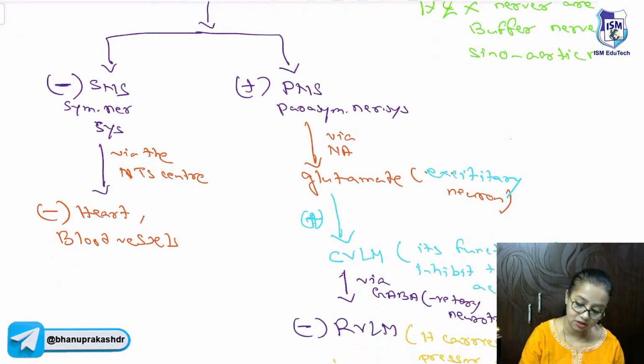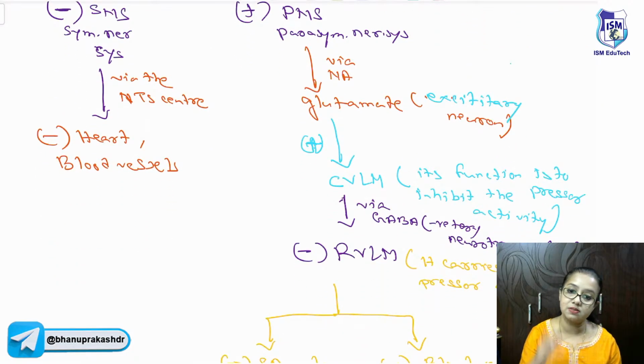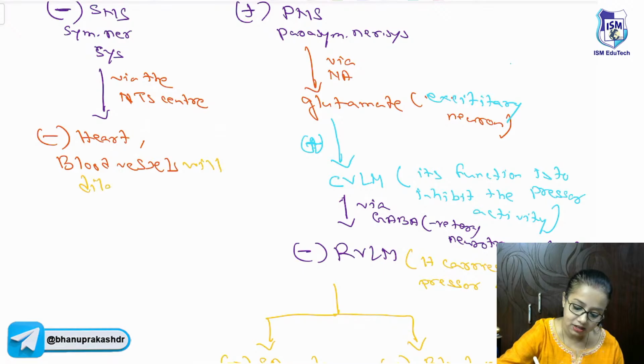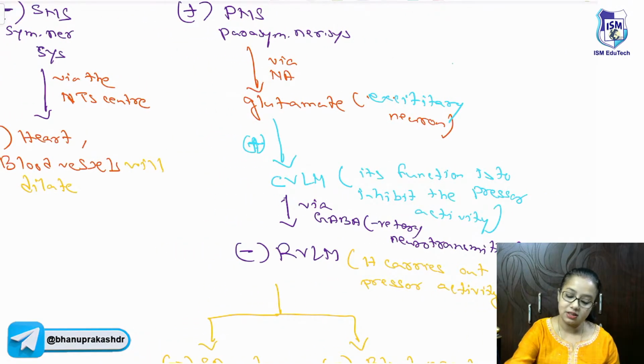We have studied that already. So, when the sympathetic nervous system is inhibited, heart rate will go down, negative chronotropy, and the blood vessels will dilate. They will not constrict. Simultaneously, the parasympathetic nervous system will be stimulated.